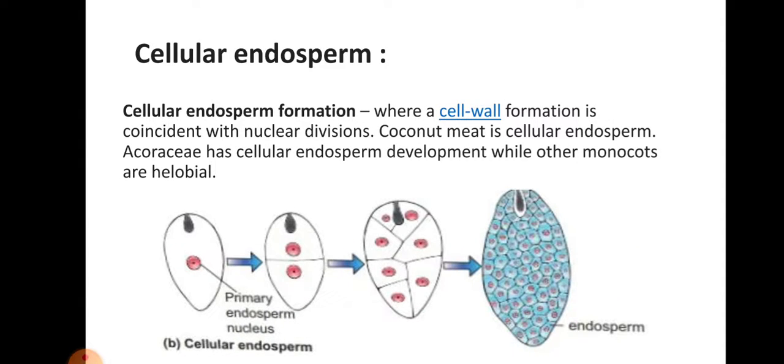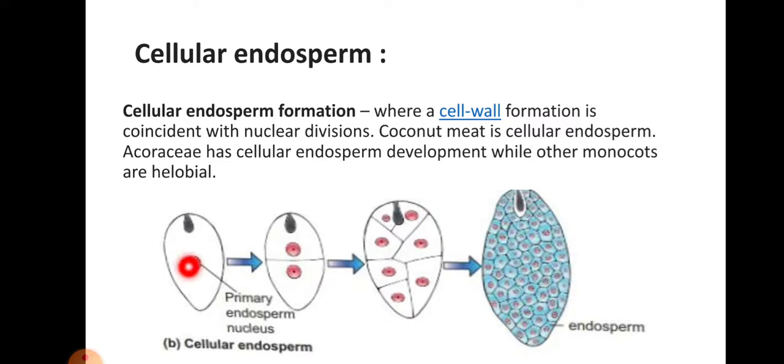The cellular endosperm formation is where cell wall formation is coincident with nuclear division. Coconut meat is cellular endosperm. Acoraceae has a cellular endosperm development, while other monocots are helobial. So here coconut meat means, in local language, copra.